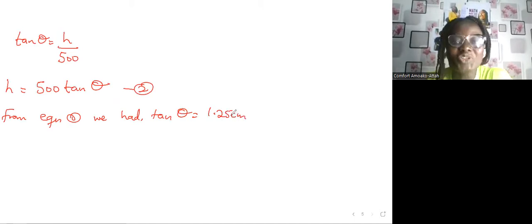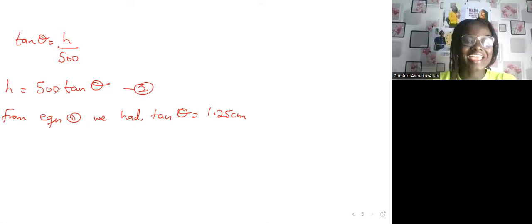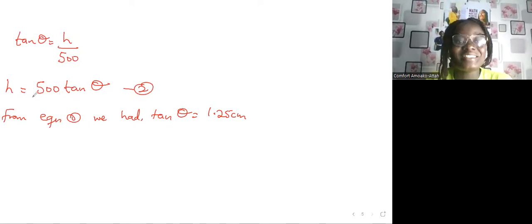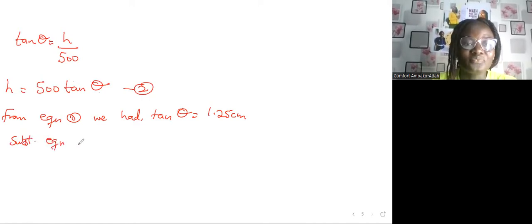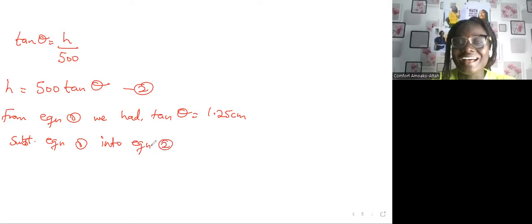So what do you think we can do to get our h? We simply substitute this value into equation 2. So substitute equation 1 into equation 2, and that will give you a final answer.